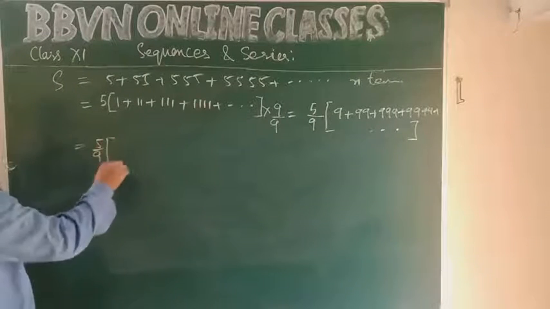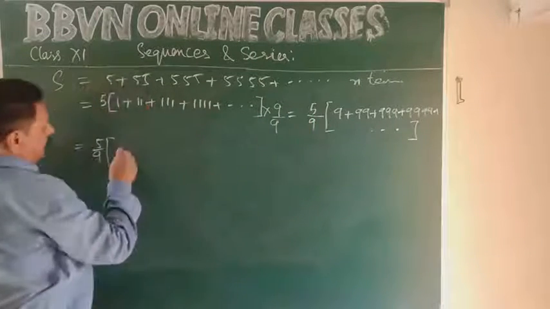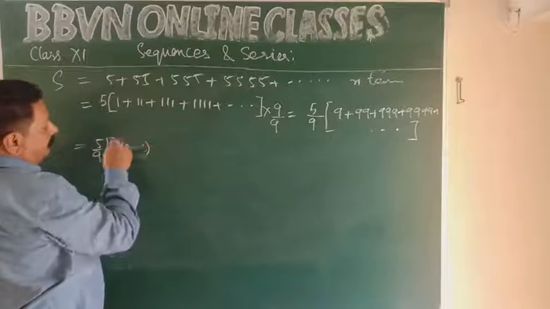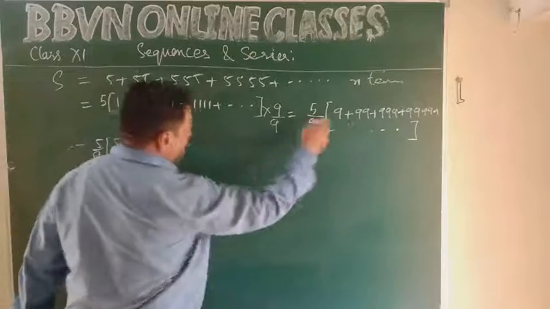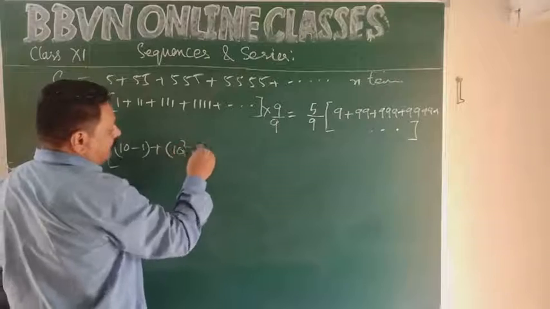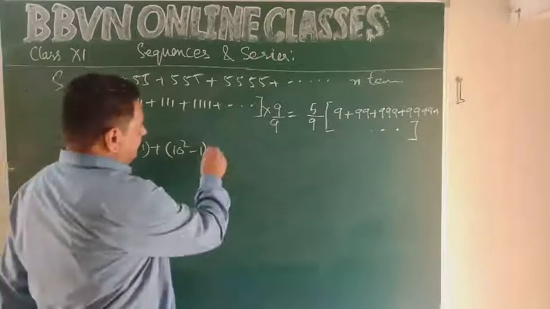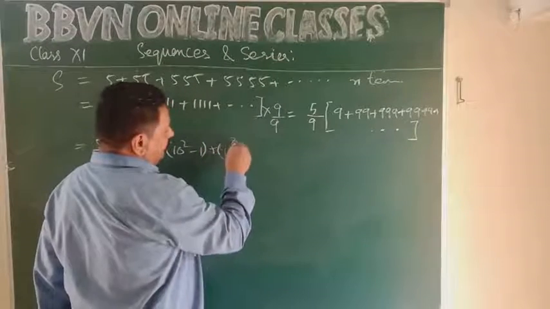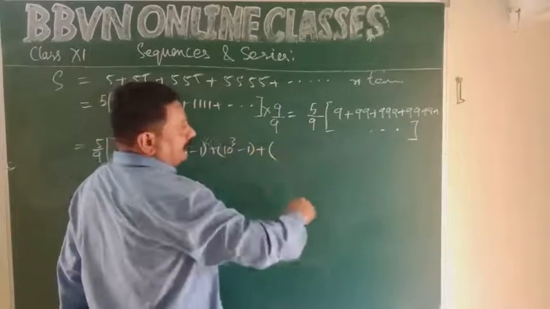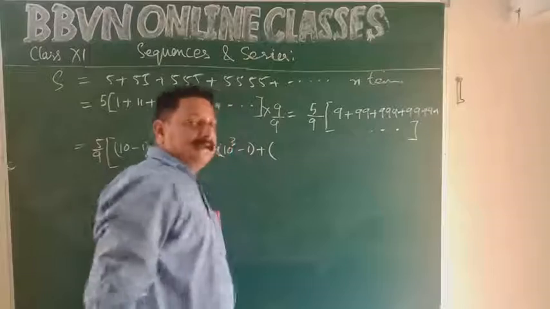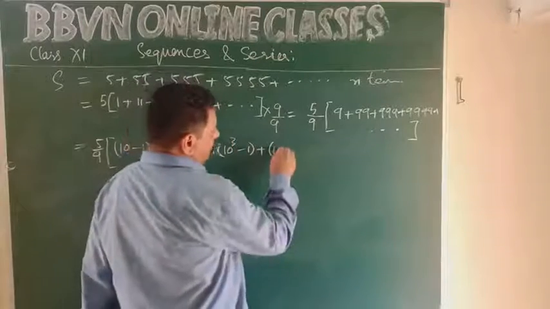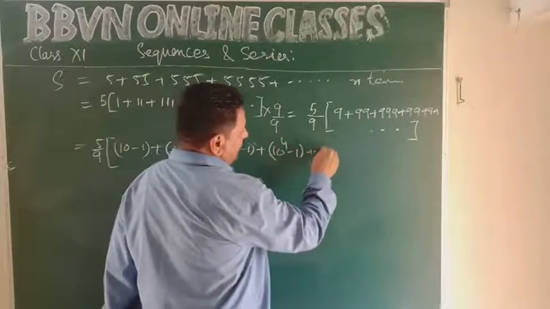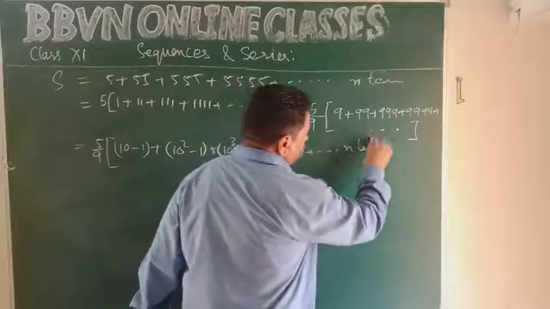5 by 9. This 9 can be written as 10 minus 1. 99 can be written as 10 square minus 1. 100 minus 1. Now 999 is 1000 minus 1, meaning 10 cube minus 1. 9999 means 10,000 minus 1, that is 10 power 4 minus 1, and so on up to n terms.